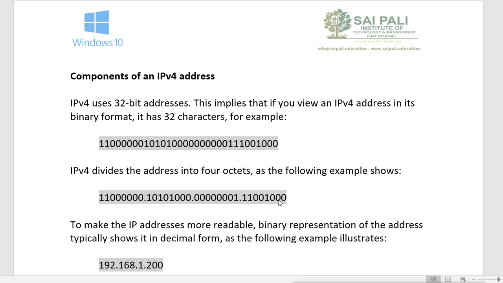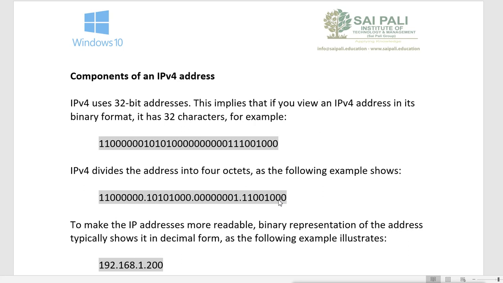Now for us, this digital language, this binary language, is not easy to understand. It is not easy to type, it is not easy to read. So what the designers of IPv4, the engineers, did was convert these IPv4 addresses from binary to decimal.